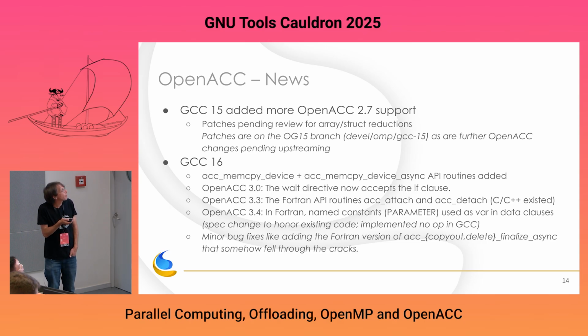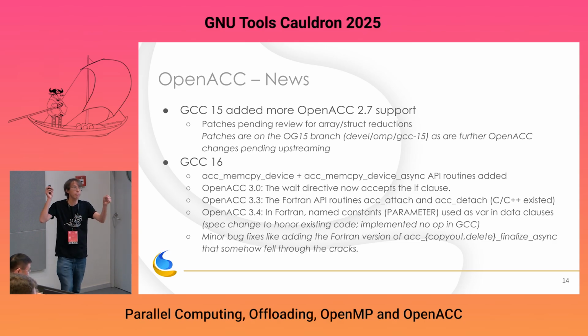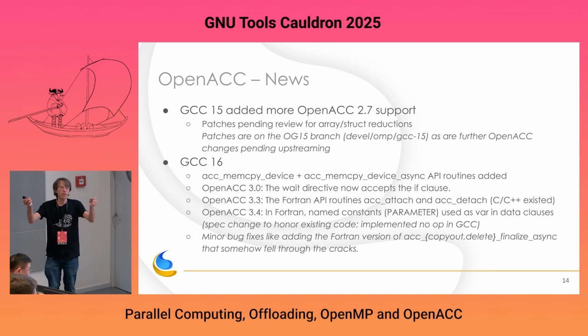And the 3.3 feature is kind of interesting because there one attaches, one has on the host a pointer which points somewhere to a pointee, and you want to do essentially the same on the device if it's available, but so you need to have the device version of the pointer address, device version of the pointee address to attach it. And the problem is, in most ways you write it in Fortran.